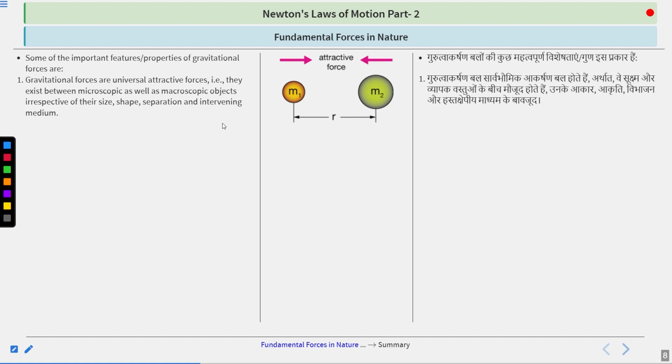It is not an introduced force. It is already there, universally available, in both microscopic and macroscopic objects. It depends only on the mass. Apart from mass, it is not dependent on anything else.